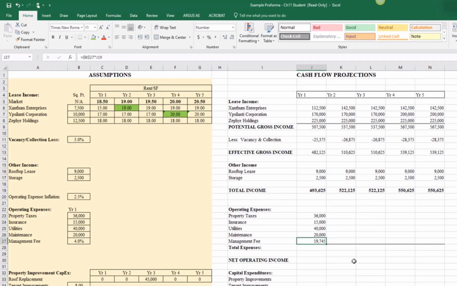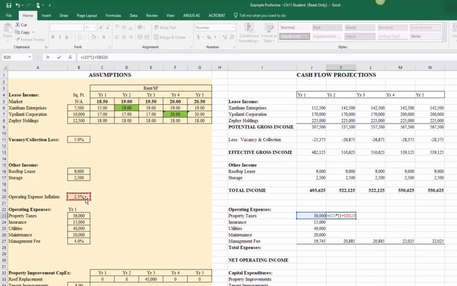And actually, why don't I go ahead and do that? Because this is not going to be the same as some of the other expenses. For property taxes and the other three expenses below it, we're told that that's going to grow at an expense inflation rate of 2.5%. So what I can do is refer to the previous cell, multiply it times 1 plus the inflation rate of 2.5%.